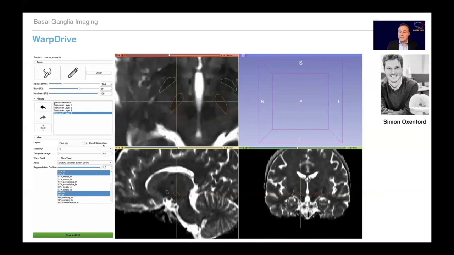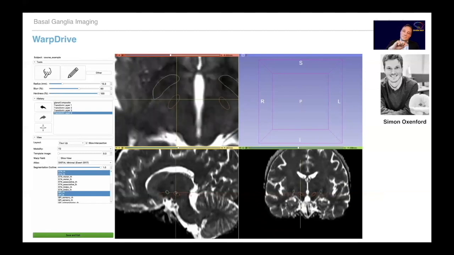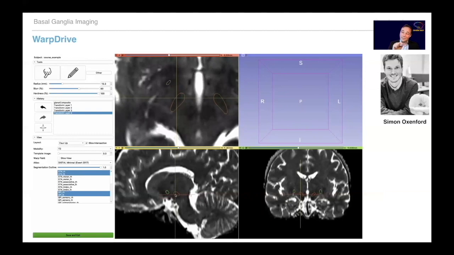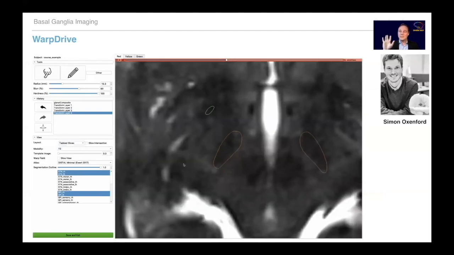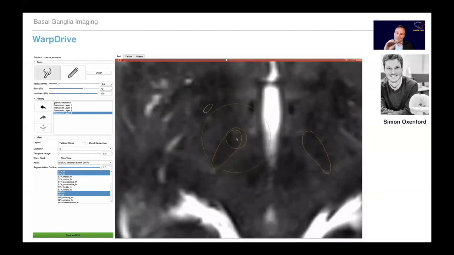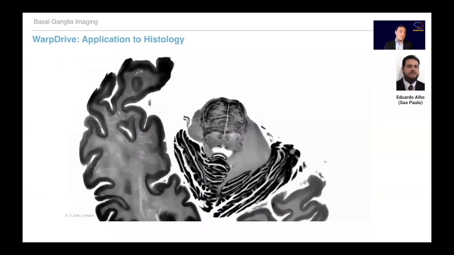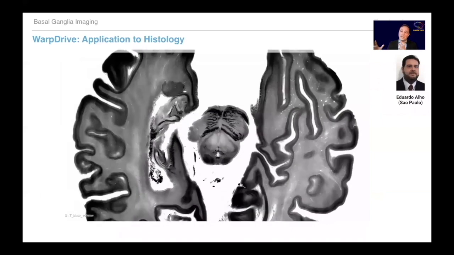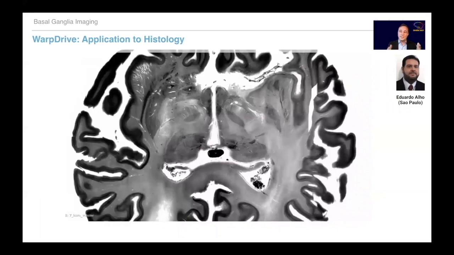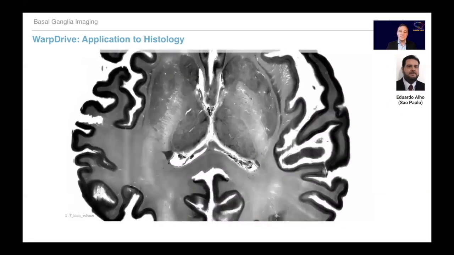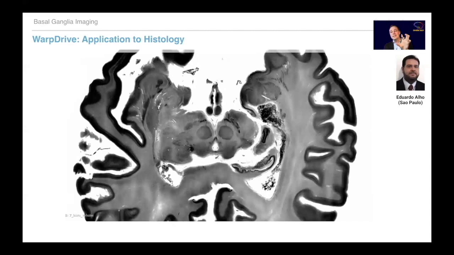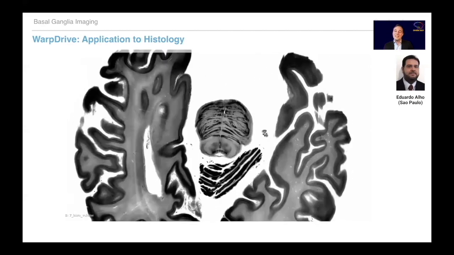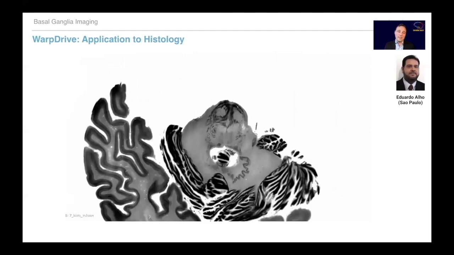So this is the subthalamic nucleus now that you can see, and you can directly compare the outlines of an atlas that could be from histology, from your brain atlas, with your normalized patient's brain. And you can use the mouse, and then slightly nudge it, as you can see right now, on a warp field level. That could also be used to make the match between histological data and MRI data better, such as here a whole brain section of histology by Eduardo Alho, that we used WarpDrive to then manually refine the fit to the MNI brain with that.